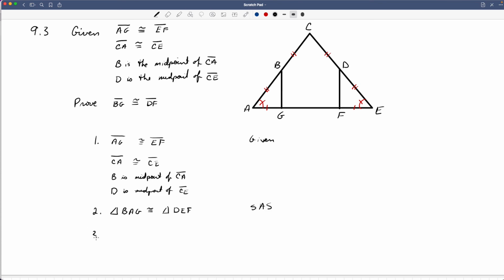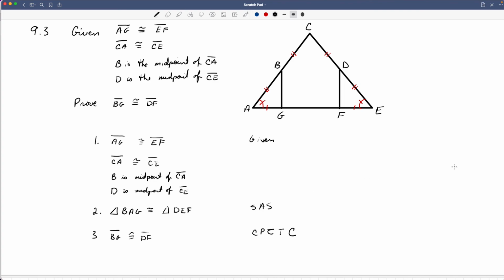So then I can say that BG is congruent to DF because congruent parts of congruent triangles are congruent. Voila. Didn't really take a whole lot of effort on that one either.